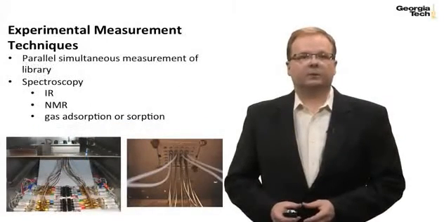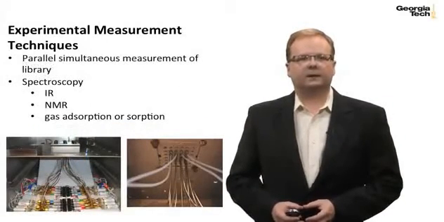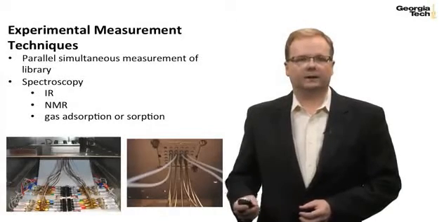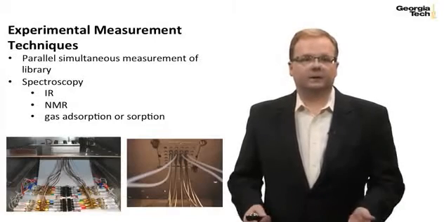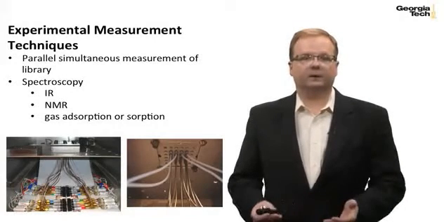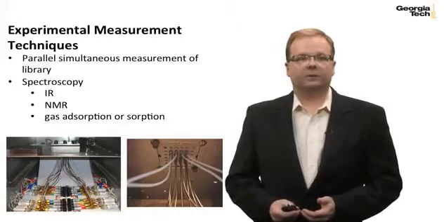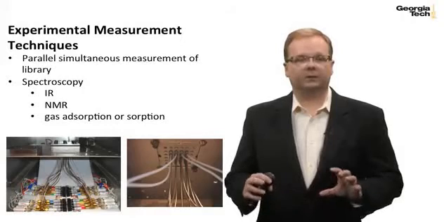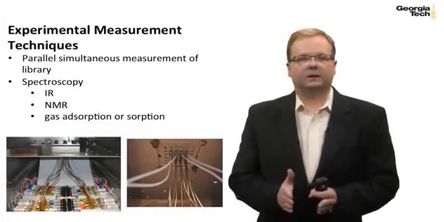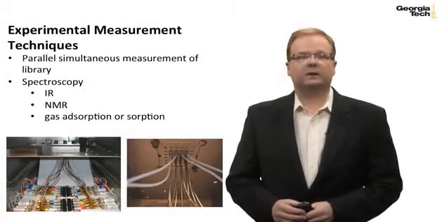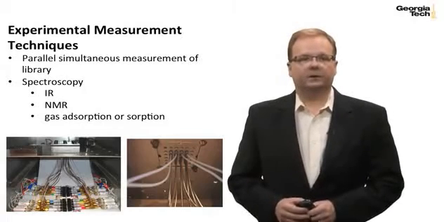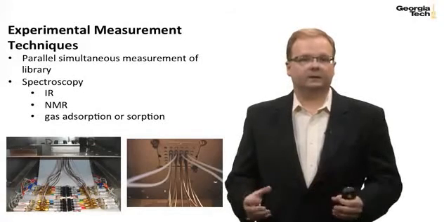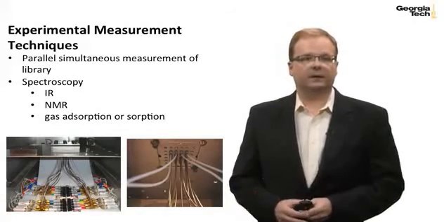But in addition to doing point-to-point measurements, some measurements take long enough that it's not convenient to do them one point at a time. Instead, it makes more sense to do them in parallel. So this may work for measurements like infrared spectroscopy, where you can have a focal plane array detector that looks at an entire region of a library all at once. NMR, where you can insert, say, a composition gradient into an NMR magnet and look at a range of compositions simultaneously.